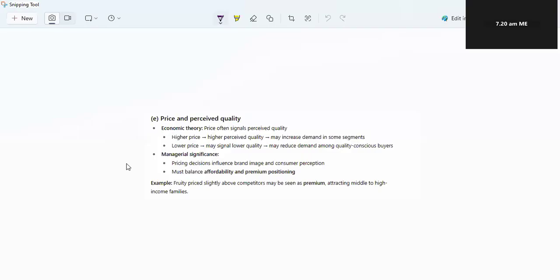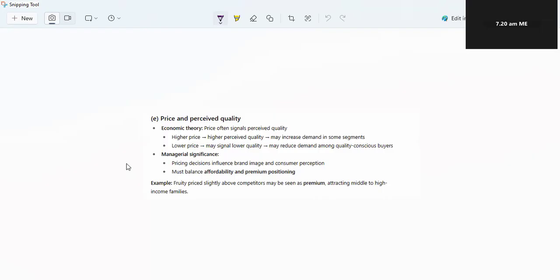So this may increase demand in some segments. A lower price sometimes may signal poor quality, so you may reduce demand, for conscious buyers. Like, why is this iPhone 3000, which is worth 15,000? So you will have questions.